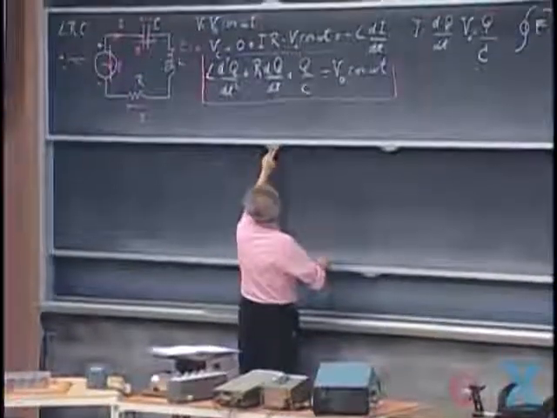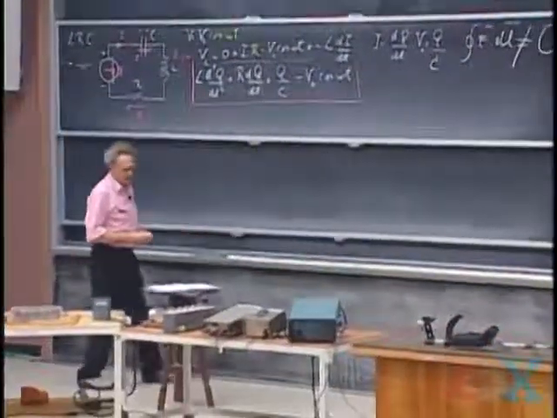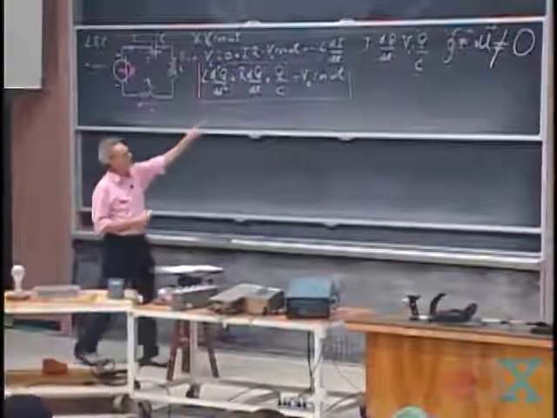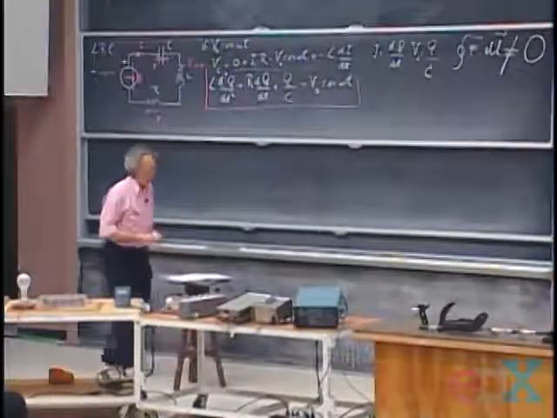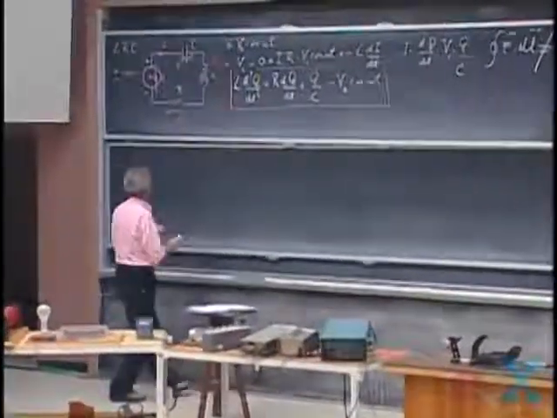The basic idea being that you find a solution for q as a function of time, and once you know q as a function of time, you have, of course, the current, because then you take the derivative of your solution and you get the current. I will give you the current as a function of time.